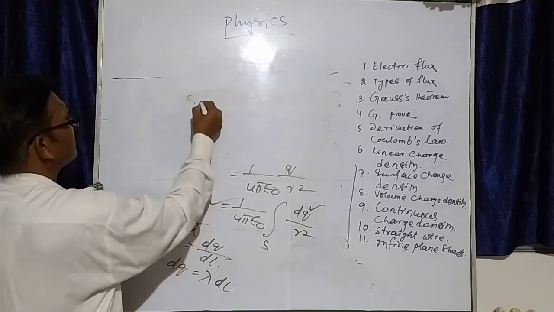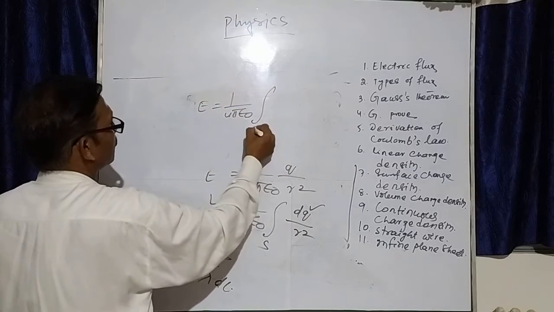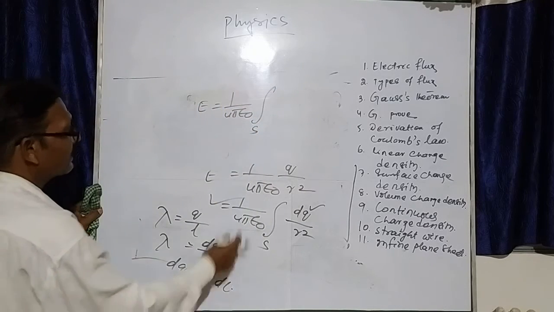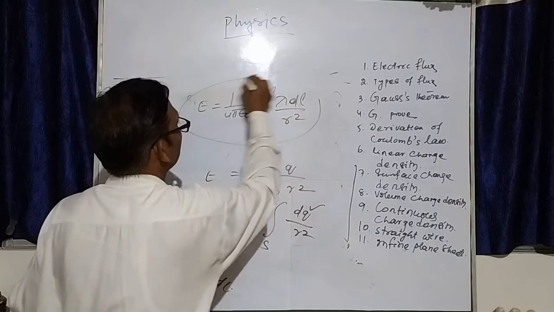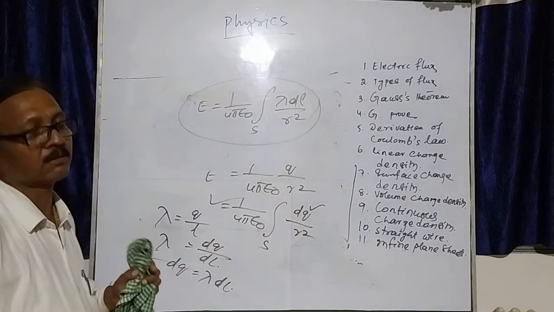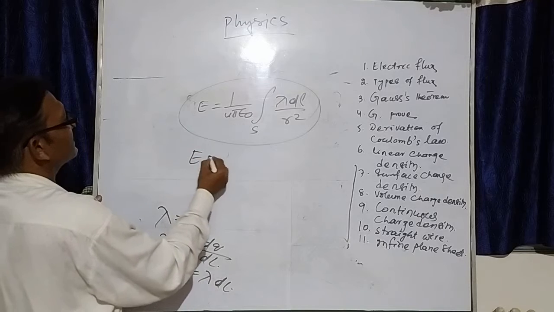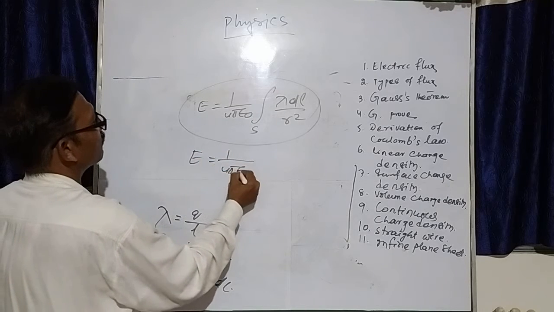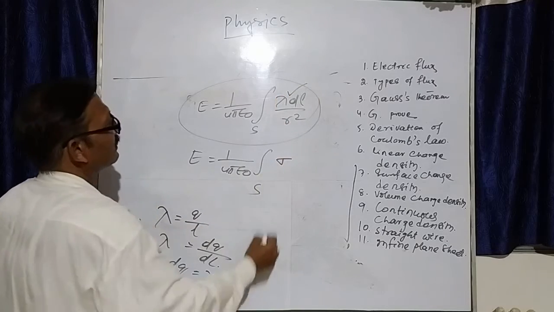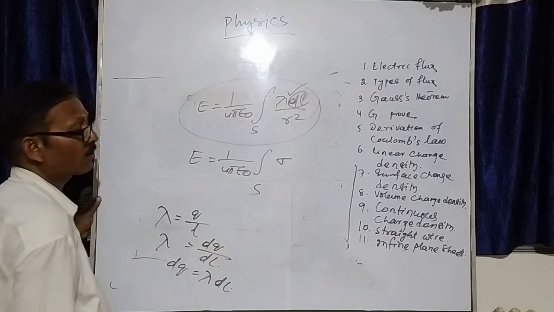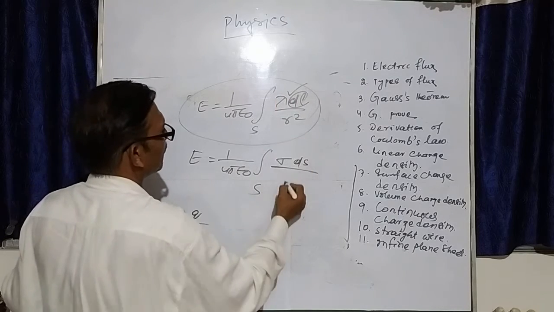So here you put E is equal to 1 by 4 pi epsilon 0, integration over the total, dq is equal to lambda dl by r square. This is the continuous charge distribution in the case of linear. Then for surface, 1 by 4 pi epsilon 0, integration of sigma ds or dA, small area, divided by r square.